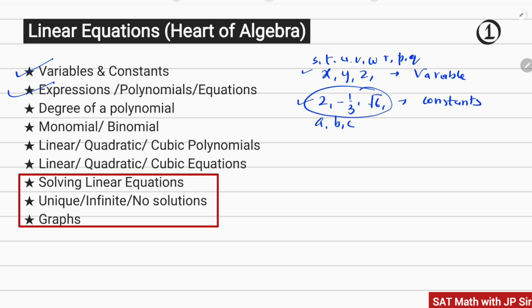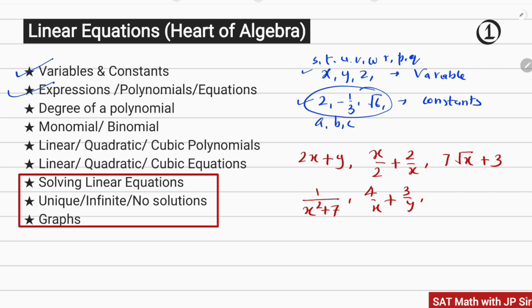Now, expressions, polynomials and equations. What are these things? If you combine variables and constants, no matter how you combine them, you will get expressions. For example, 2x plus y, it is an expression. x upon 2 plus 2 upon x, it's also an expression. 7 square root x plus 3, it's an expression. 1 upon x square plus 7, it's also an expression. 4 upon x plus 3 upon y.